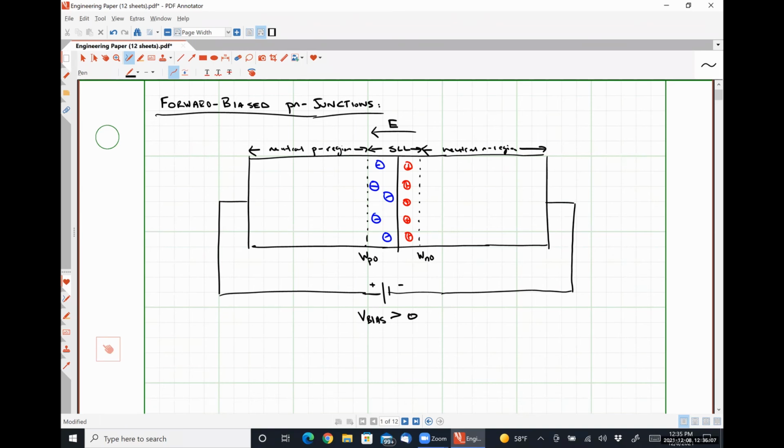For these cases, our bias voltage is positive. Okay. So this is what we are going to be considering a forward biased PN junction. The high potential terminal will be connected to the P region, and the low potential terminal will be connected to the N region.